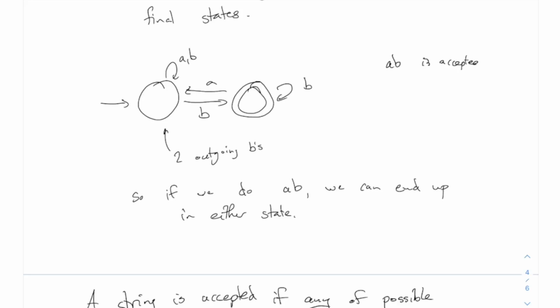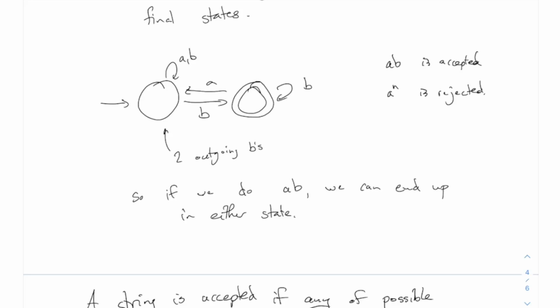Is anything rejected by this? Can anybody give an example of a string which is not accepted? A, yeah, just A is not accepted, right? There is no way to end up over here if all you did was A. In fact, any power of A, I think, is rejected. And maybe some other stuff too, but I would say anything like a to the n is rejected.